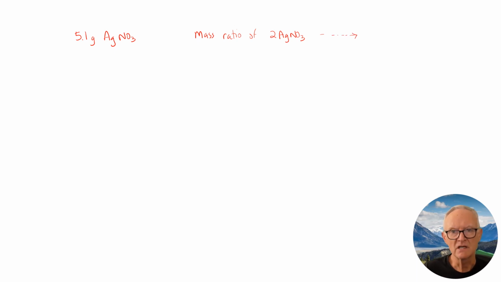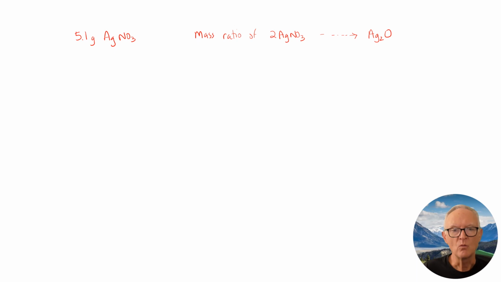All right, we've got 5.1 grams of AgNO3, silver nitrate. We need the mass ratio of silver nitrate to silver oxide in this problem. Now, in this problem, 2 moles of silver nitrate give us, and I'm not going to write the entire equation here, 1 mole of silver oxide.